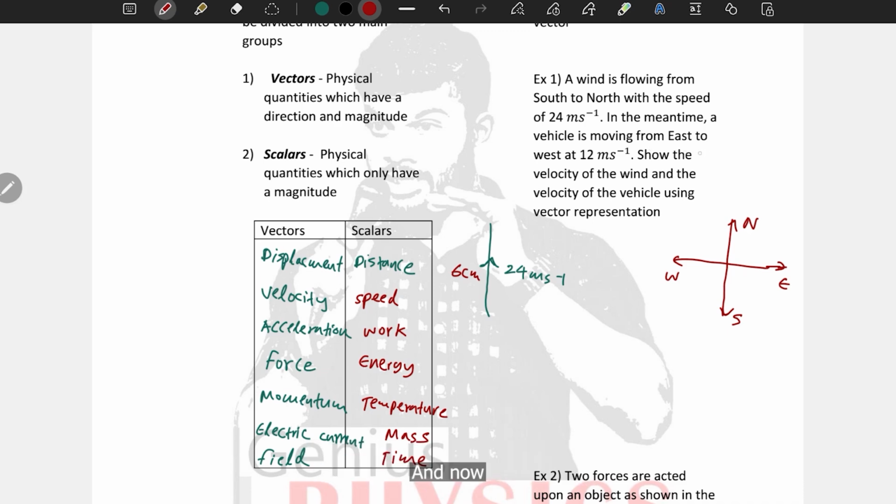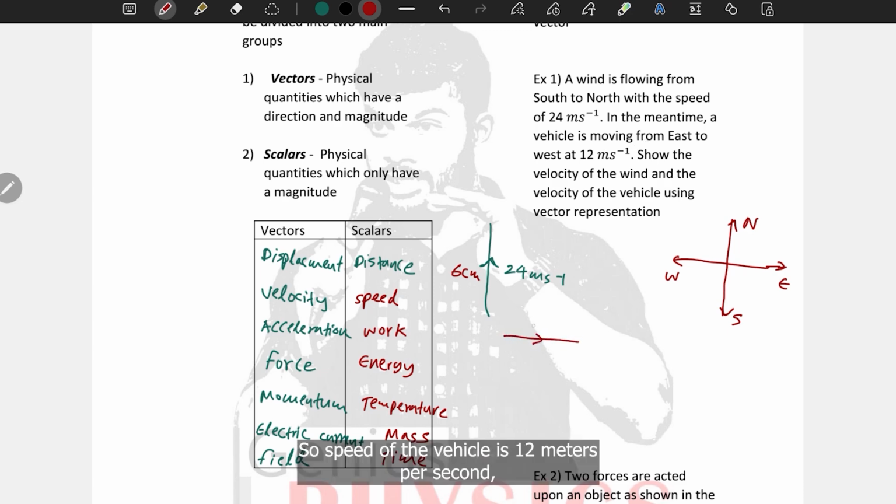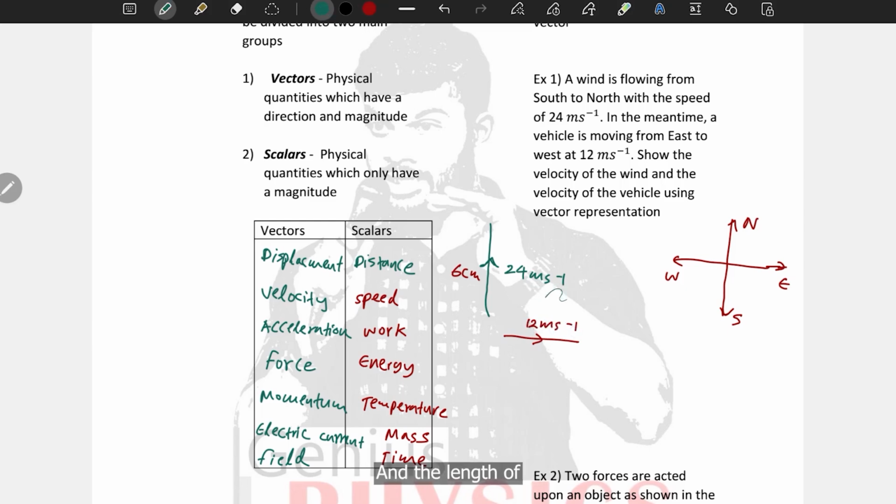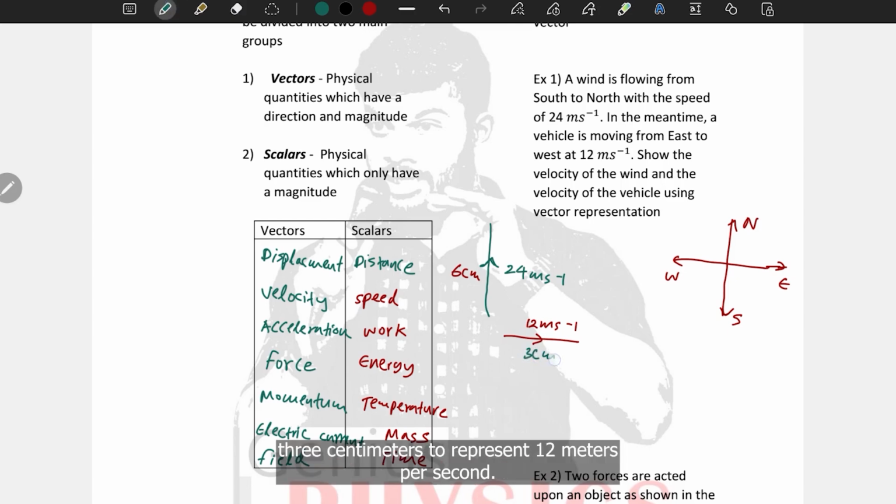Now the speed of the vehicle is half of the speed of the wind. So the speed of the vehicle is 12 meters per second, and the length of this is supposed to be 6 over 2, which is 3 centimeters, to represent 12 meters per second.